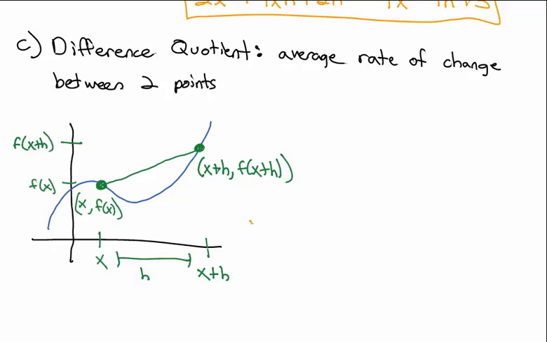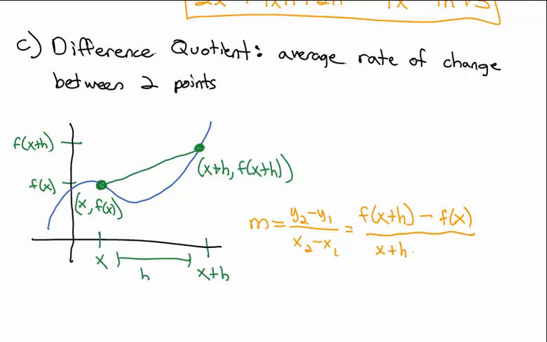And we know that to calculate the slope between 2 points, that's going to be y2 minus y1 over x2 minus x1. In this case, y2 is f of x plus h. Minus y1 is f of x. And this is all over x2, which is x plus h, minus x1, which is just x.